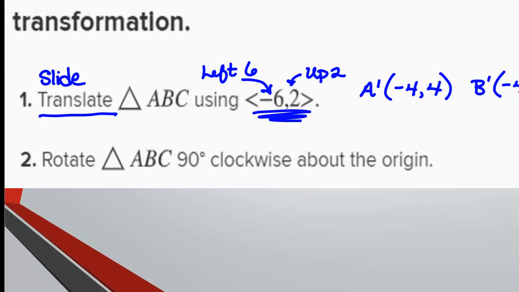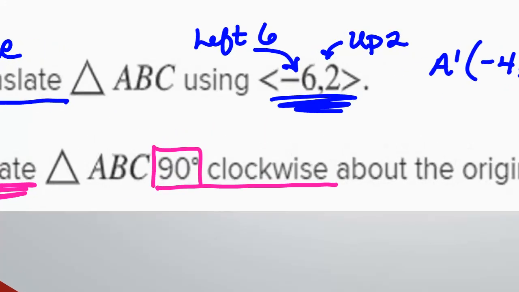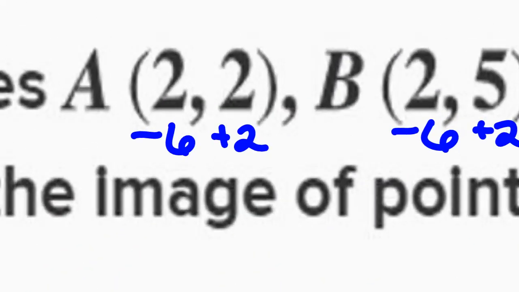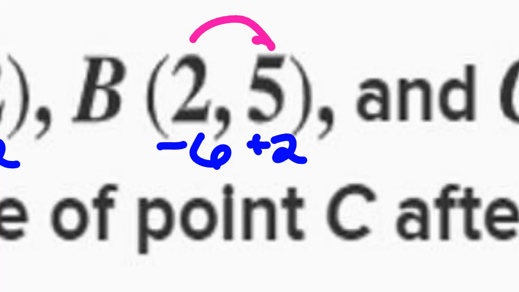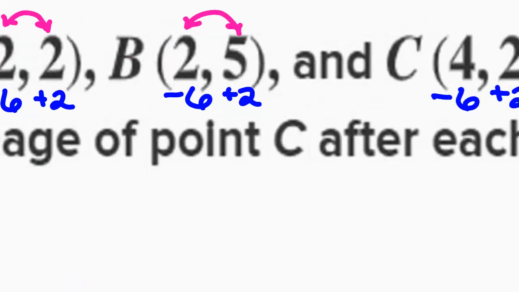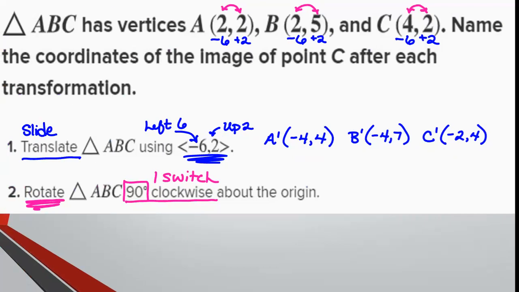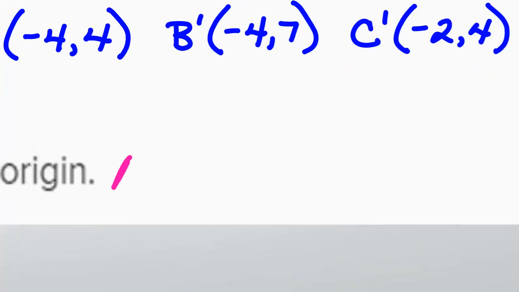Number 2 is asking me to do a rotation, 90 degrees clockwise. So we're going to do one switch. So I'm going to come up here. Each of these numbers is going to get switched around. I don't know what the signs are yet, but I can at least do the switching part.